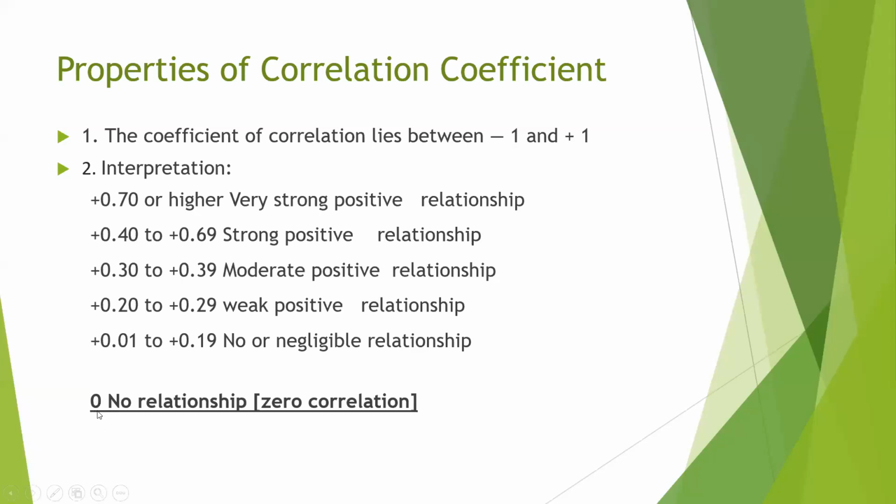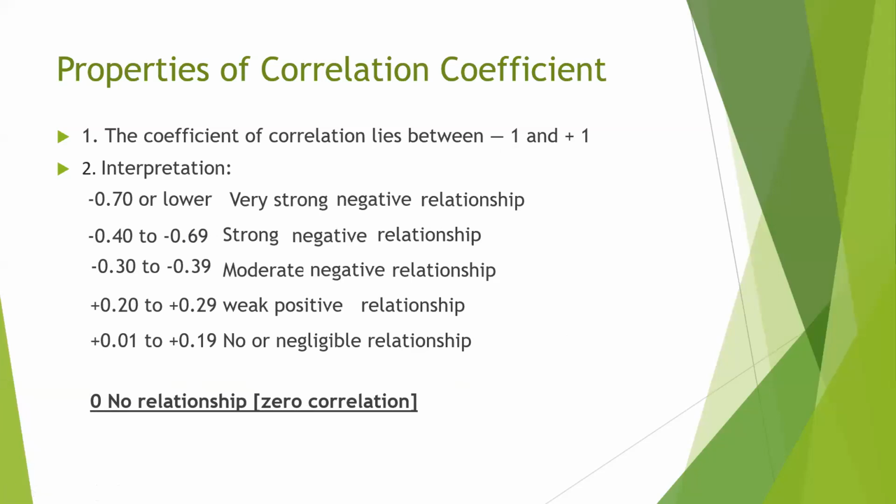If by chance you get 0, that means there is no relationship at all between variables x and y, and they are independent of each other. Now, what if we have negative values? Similar interpretation applies: instead of positive, you just include negative, just like this.